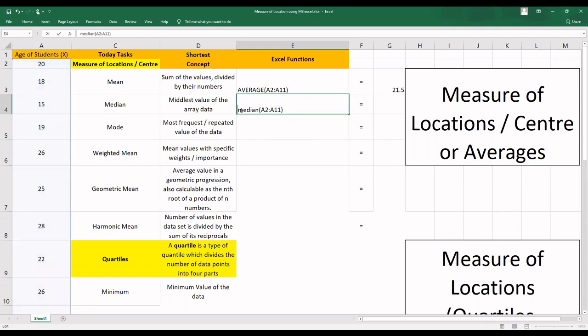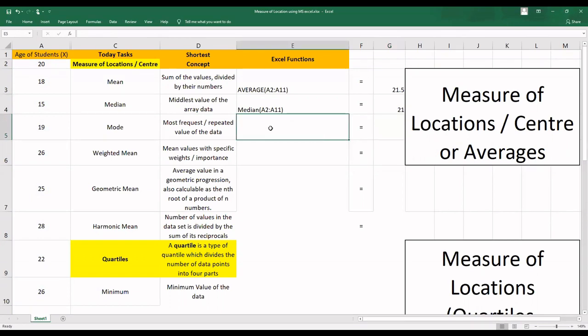You can use this one for median. Here we also type it for the answer. So median and A2 to A11. We have the value 21.